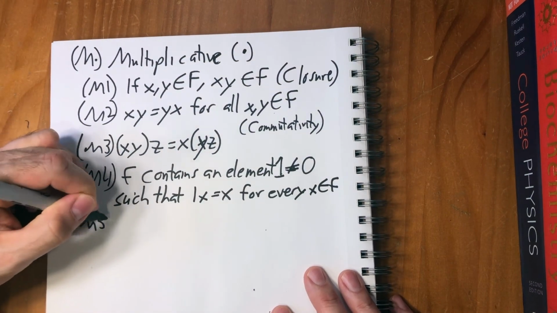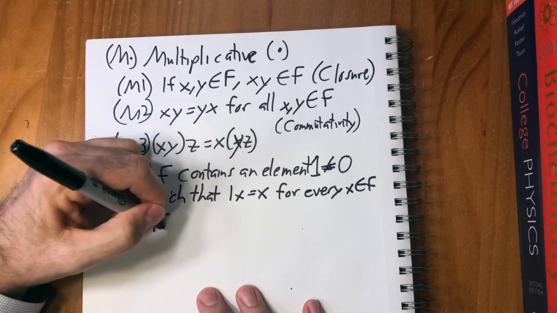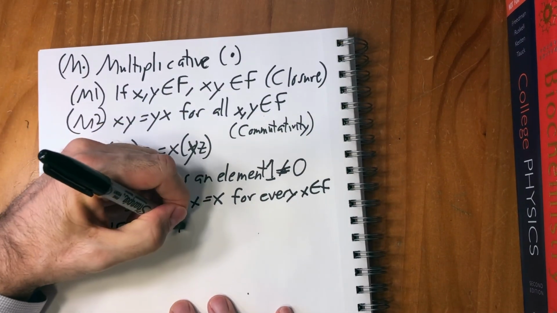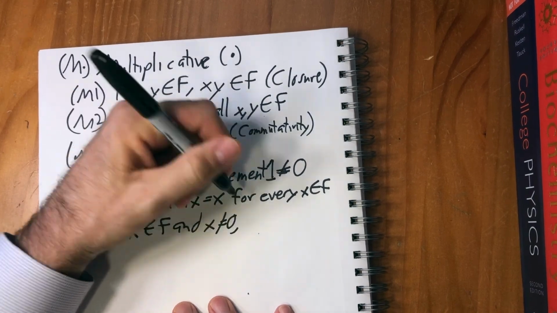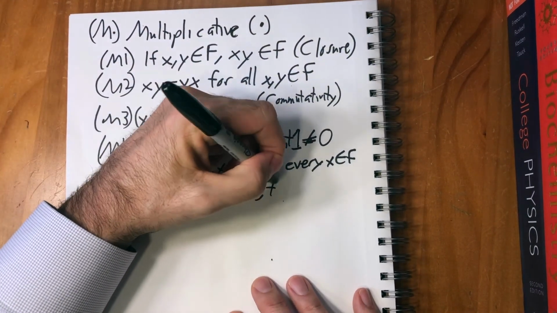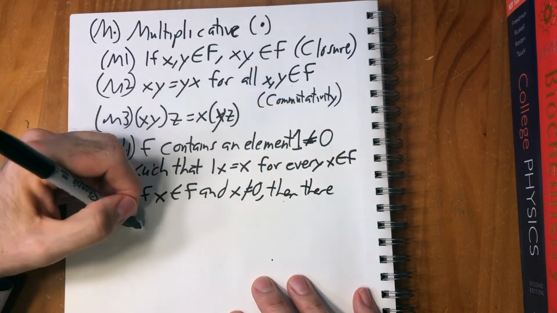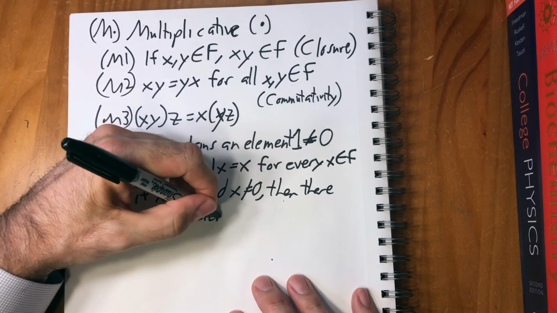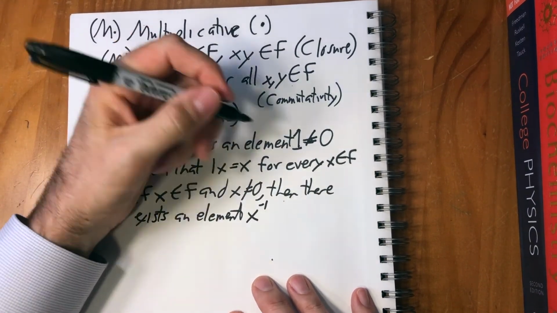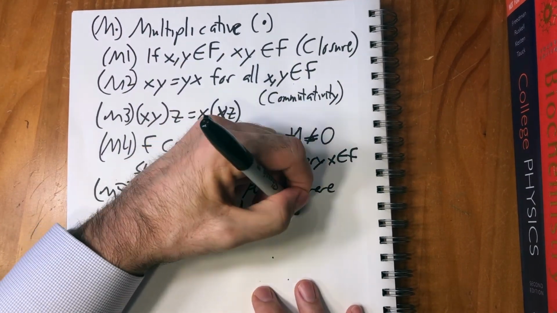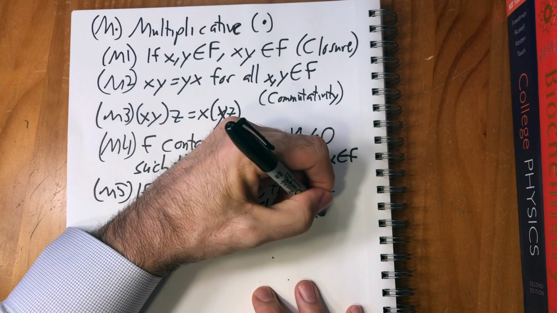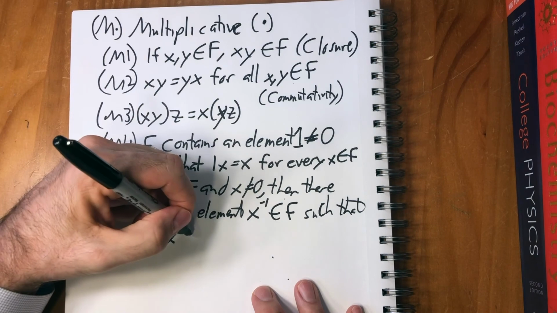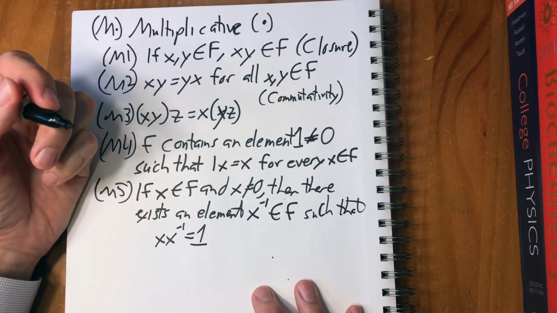And then M5 is that if x is an element of F and x does not equal 0, then there exists an element, the inverse of x, an element of F, such that x times the inverse equals 1.